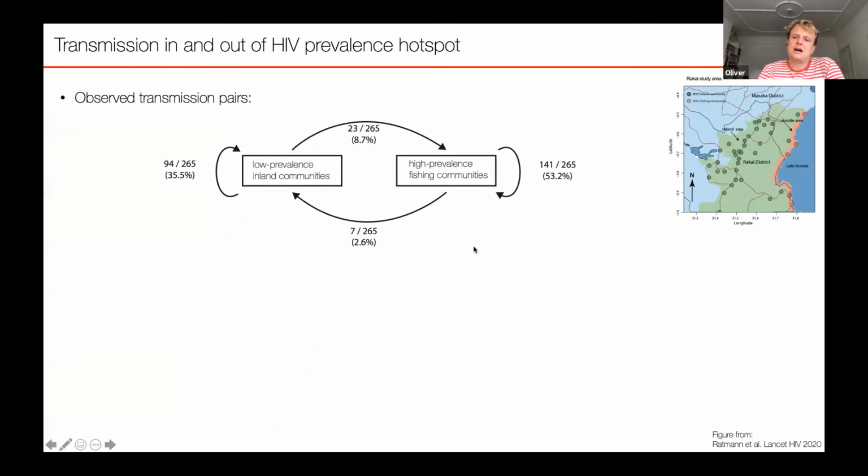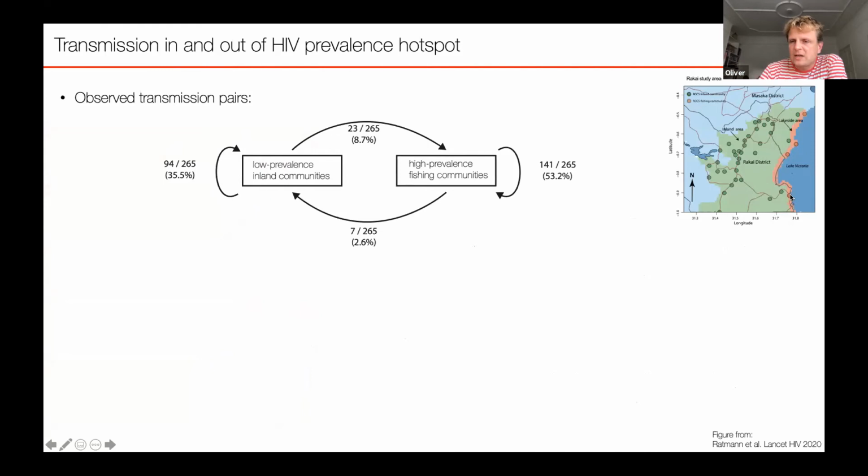And when we look at just the raw data, we do our phylogenetic analysis with phylus canal, we get our highly supported transmission pairs, and we just count them. So what are we counting?